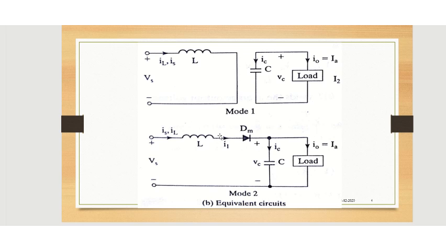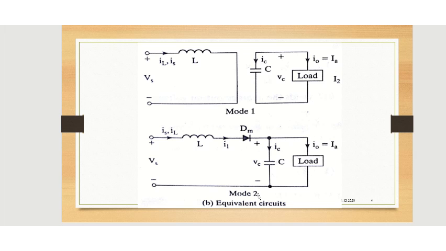So the potential at this point will be higher compared to this, where the energy is dissipated from the inductor. That will make the diode forward biased and it will conduct. So in mode 2, you have the inductor and the diode conducting. The circuit will be completing like this, and you have the capacitor and the load. The current flowing through will be via the inductor because of the energy stored in the inductor. So that is mode 2.